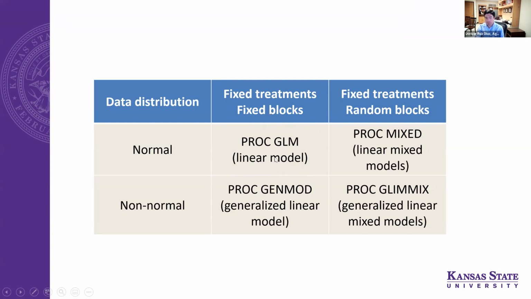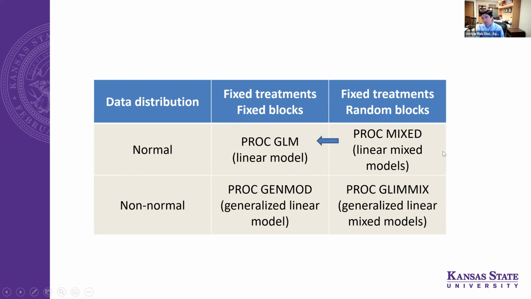But basically, with PROC GLM, all we can do is a simple linear model with fixed treatments. We are not able to include random factors in PROC GLM. So that's one issue right there. If we are saying that our blocks are going to be random, then that's not possible using PROC GLM. We are assuming that we're going to have blocks or replications that are fixed if we decide to use GLM.